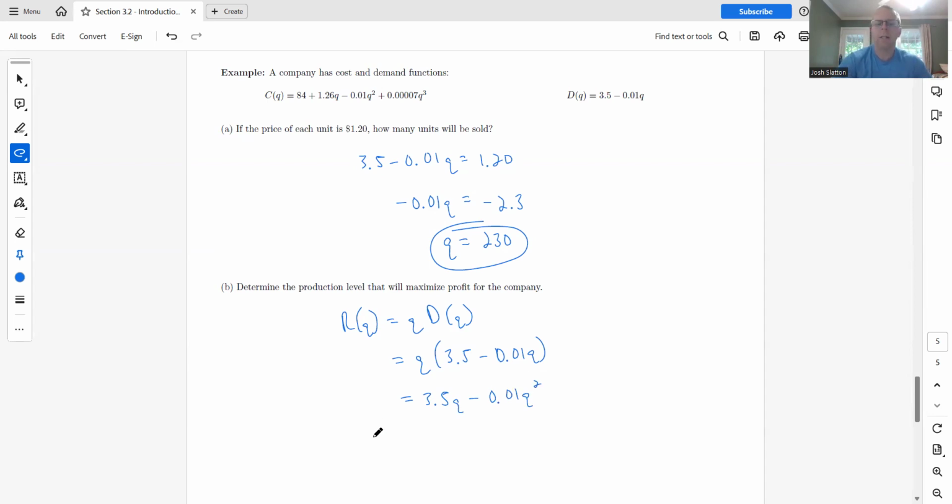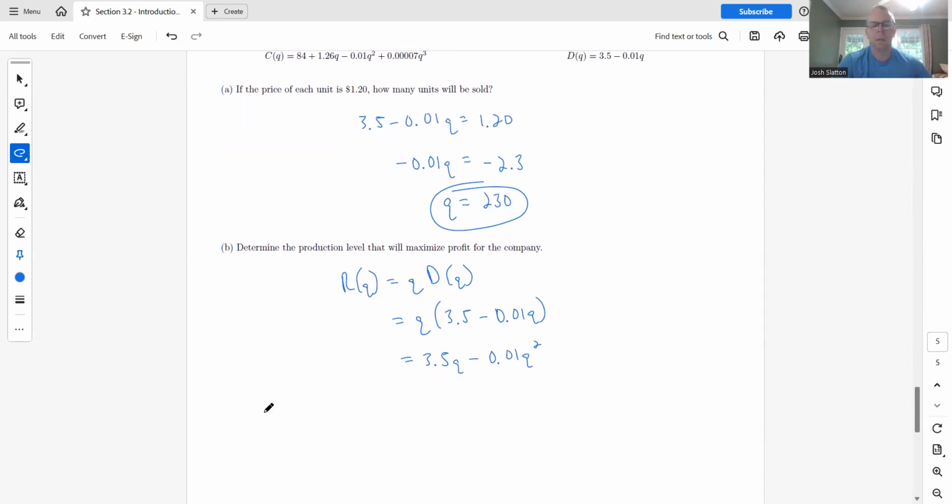So then we can find our R prime. Because we're going to set the R prime equal to C prime, so R prime of Q equals C prime of Q. So R prime would be 3.5 minus 0.02 Q.